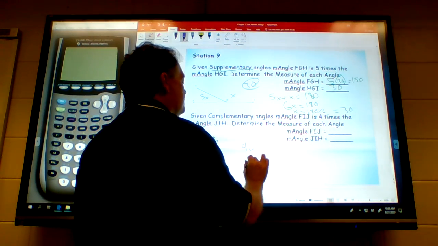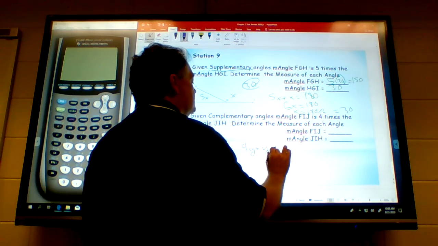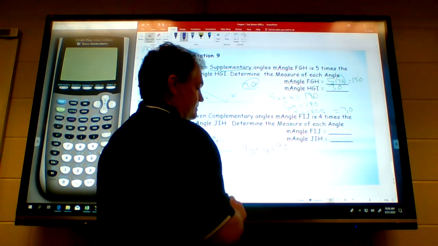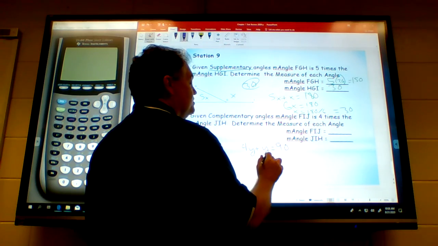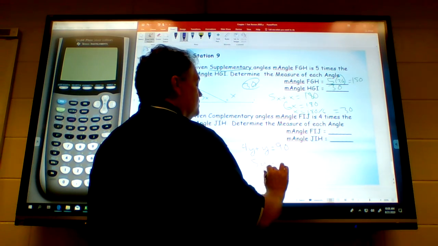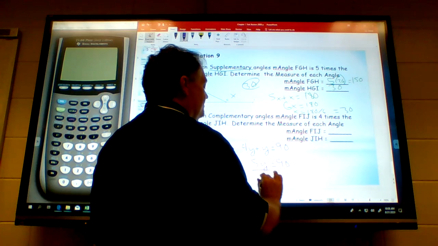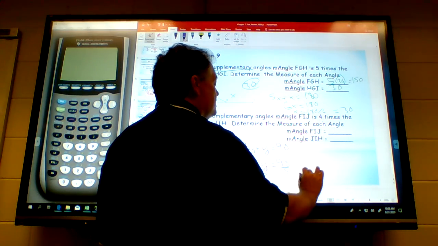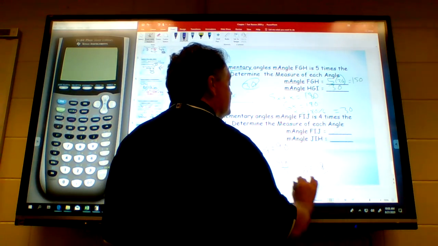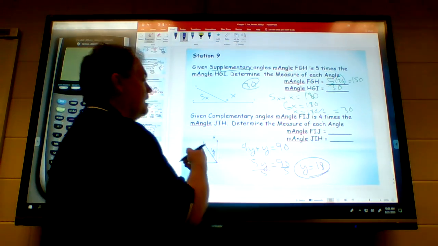So I got 4Y plus Y equals 90. So that means 4Y plus Y is 5Y, which is 90. So divide by 5. So Y equals 18.